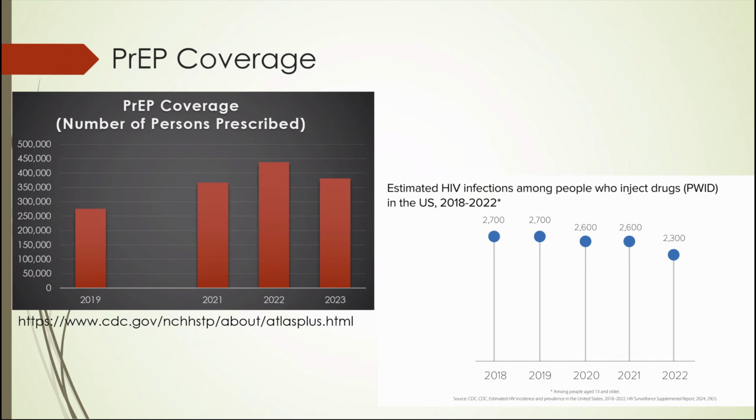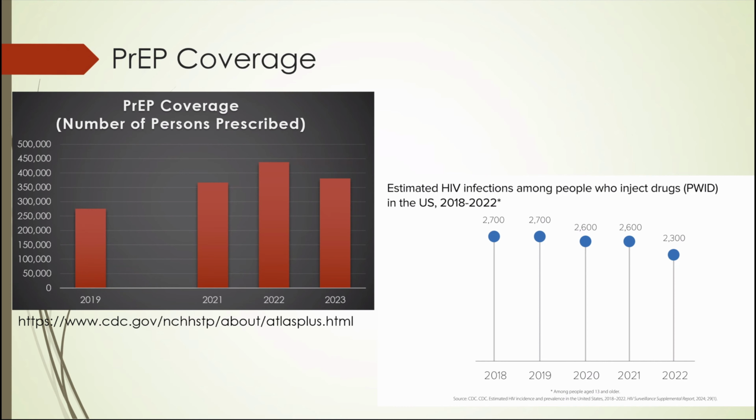When it came to PrEP coverage, we see that the number of persons who are prescribed PrEP has increased between 2019 and 2022, reaching around 420,000, which is almost 30% of the population who are eligible to receive PrEP.